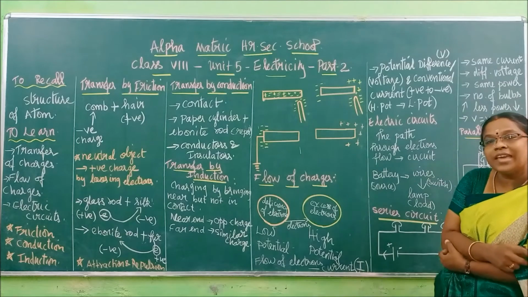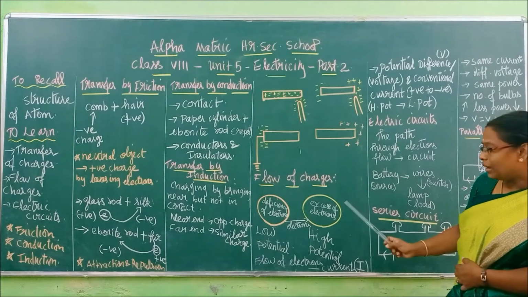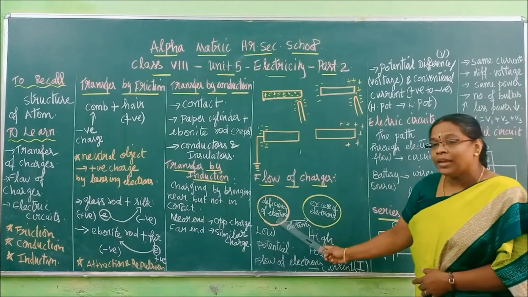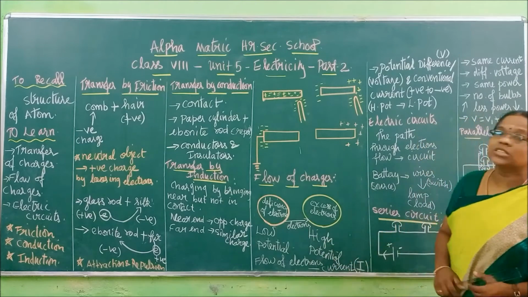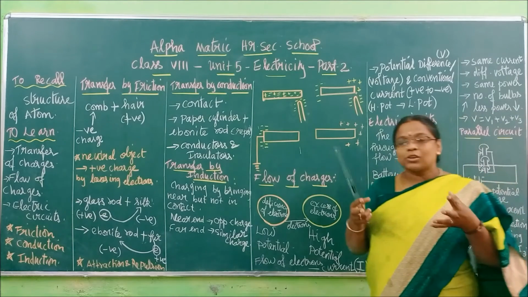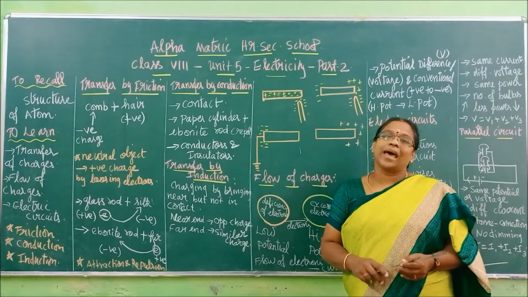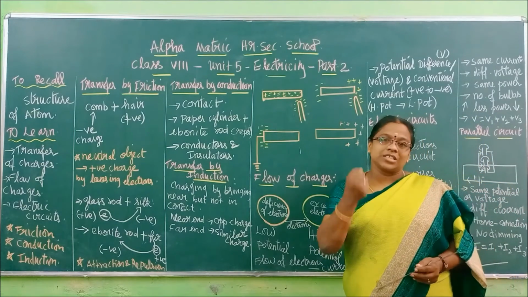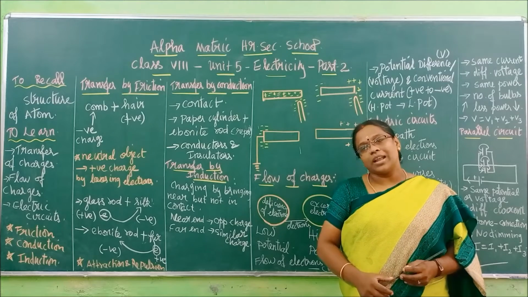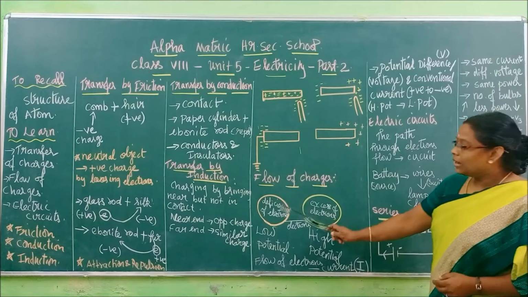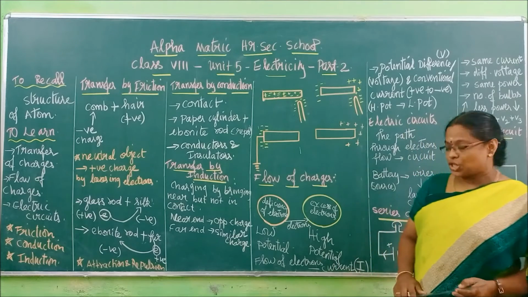The body having excess of electrons is said to be at higher potential, and a body having deficiency of electrons is said to be at lower potential. This count, the strength of electrons, is called the potential of a body. So more electrons means high potential, less electrons means low potential.